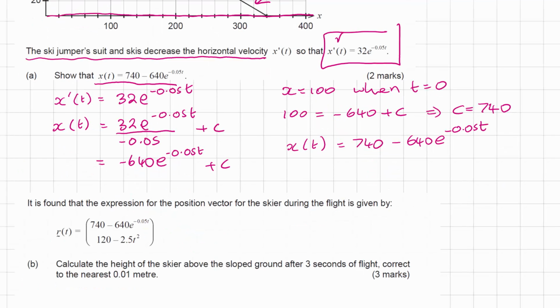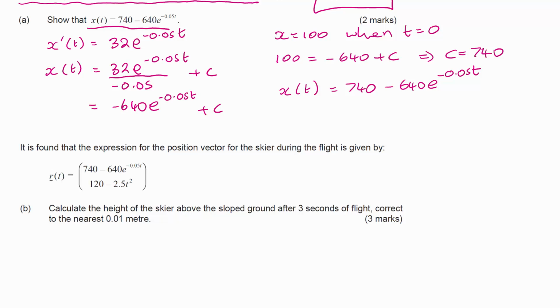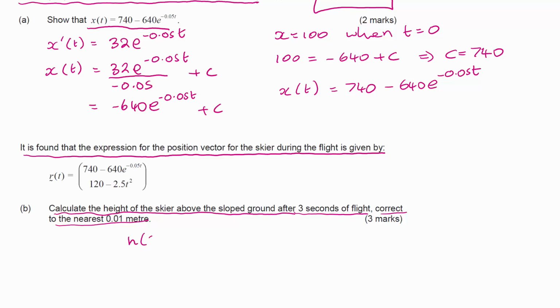It is found that the expression for the position vector of the skier during the flight is given by this vector here. Calculate the height of the skier above the sloped ground after 3 seconds of flight, correct to the nearest 0.01. Well, h of 3 is what we get from here.